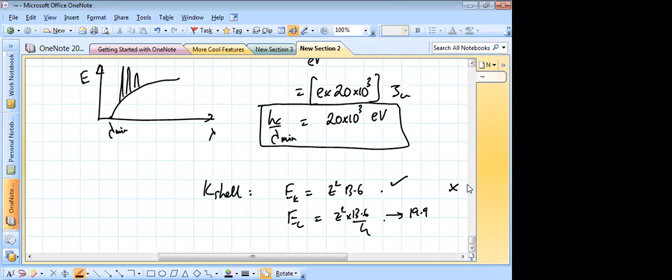So that means K shells से electron निकल नहीं पाएंगे for this voltage. So that means energy of the characteristic X-rays will be either that 19.9 or less than that. Can't be more than that.